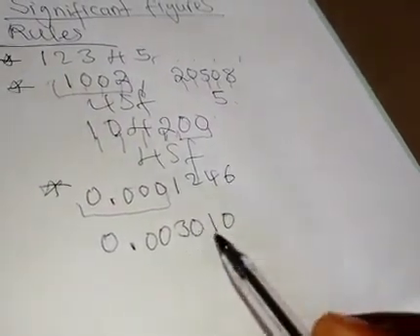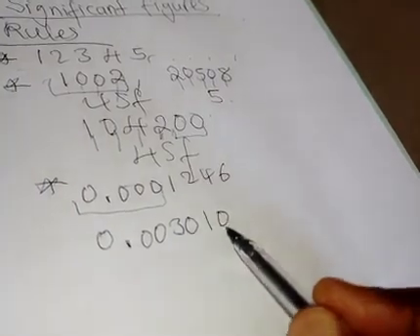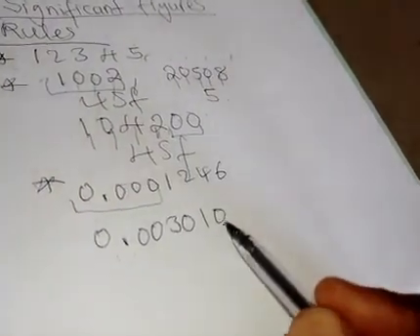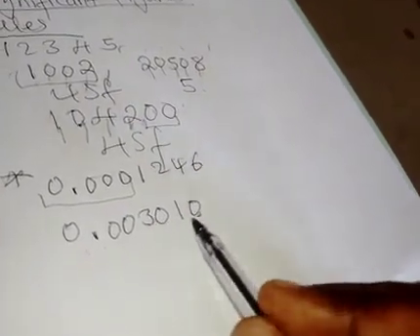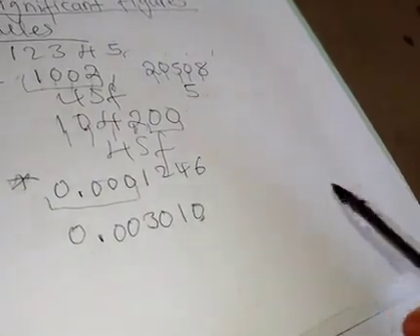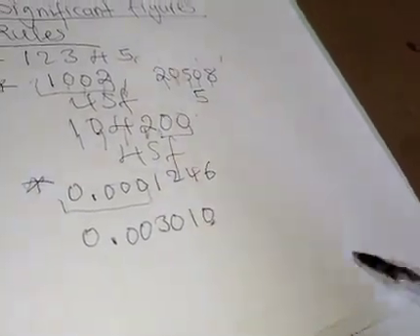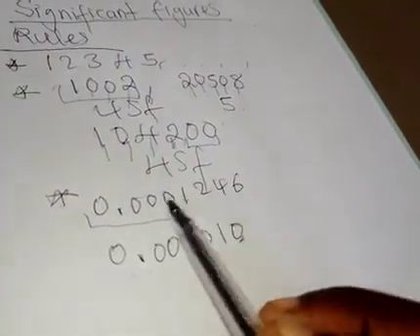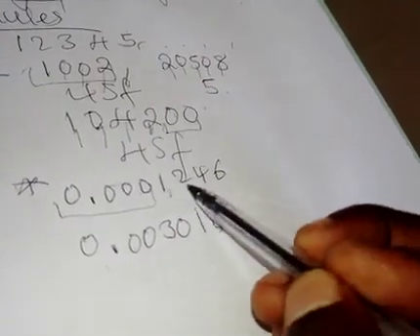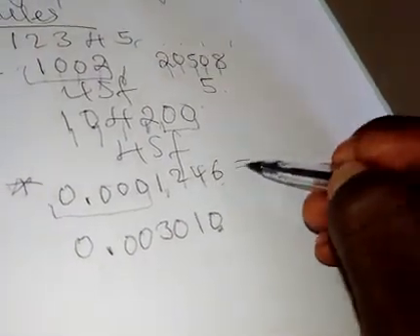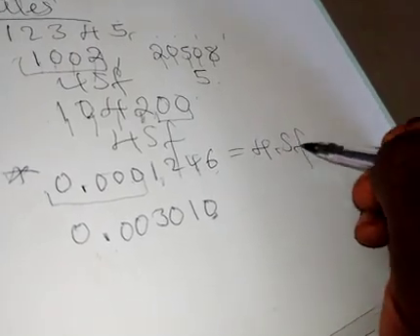Then the zeros on the right: this is a decimal number, so after the non-zero digits, any zeros that follow will be significant. For the first one, how many significant figures? The zeros won't be counted, just 1, 2, 3, so it is 3 significant figures.